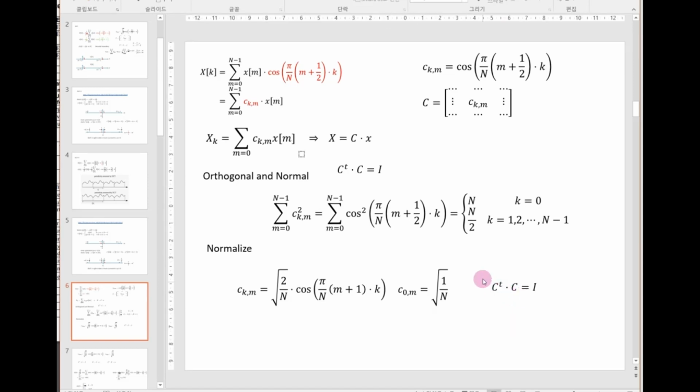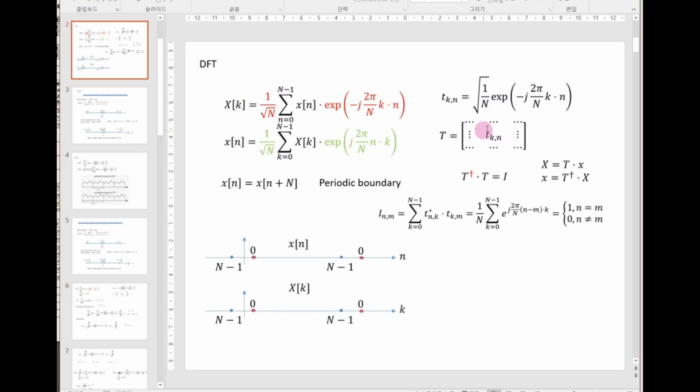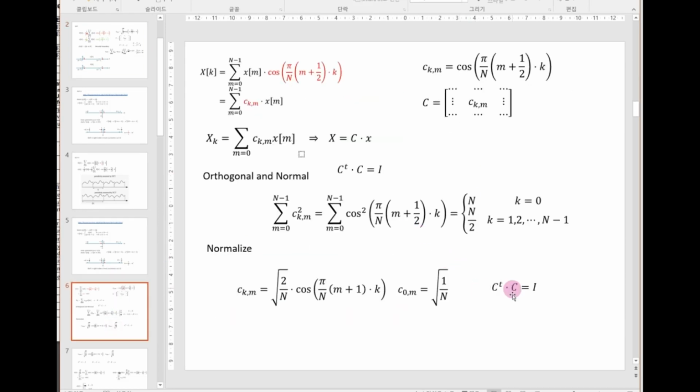At this moment, C is a cosine value, so it is a real number. But in the case of DFT, it is a complex number because of the complex exponential terms. That's why we take the dagger, which is a transpose and complex conjugate. But at this moment, we need only the transpose. Then it should satisfy these conditions.